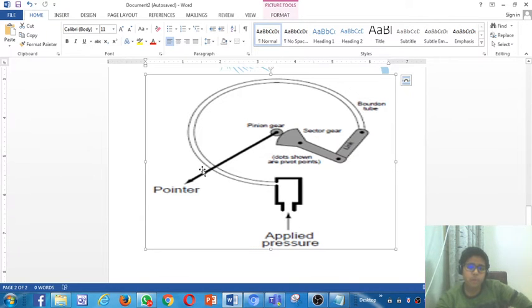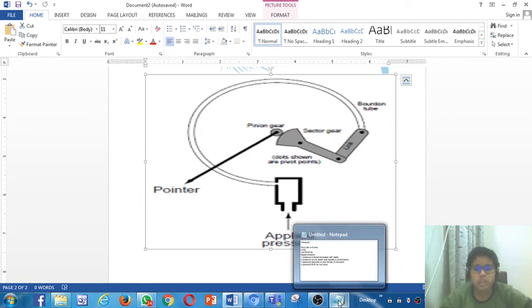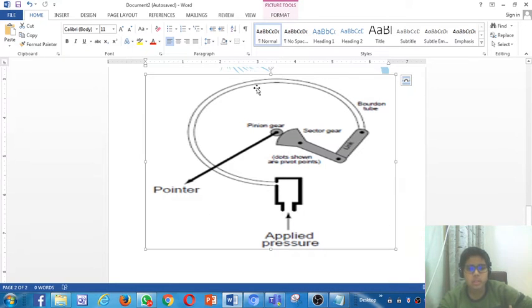When the fluid flows, it comes here, around this round tube. With the pressure, this tube bends and straightens, and as it straightens, the pointer moves and tells the pressure. Here are the numbers and it will tell.